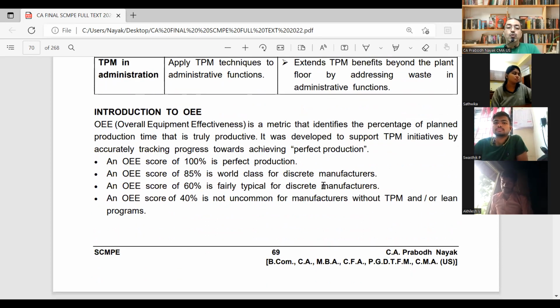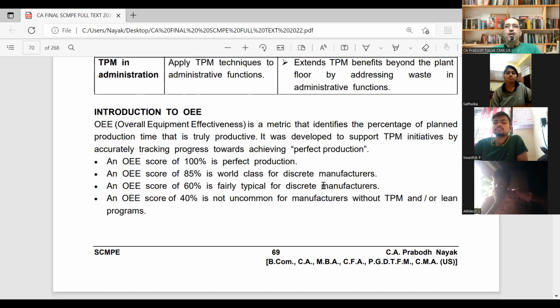Then introduction to OEE, a new concept. Overall equipment effectiveness. OEE is a measure that identifies the planned percentage of production time that is actually productive.